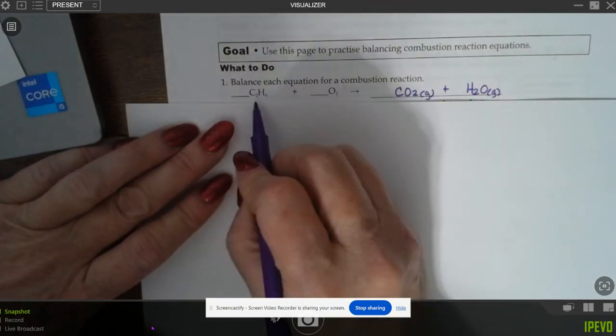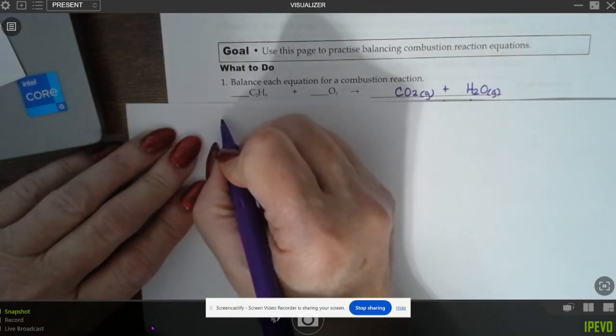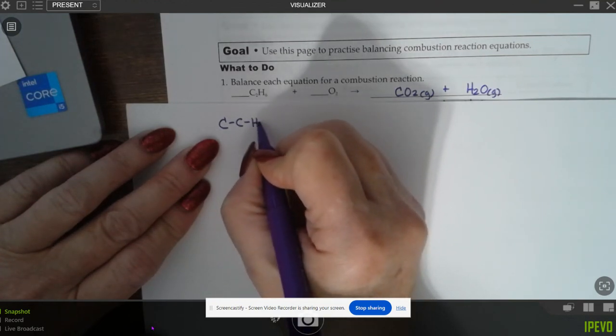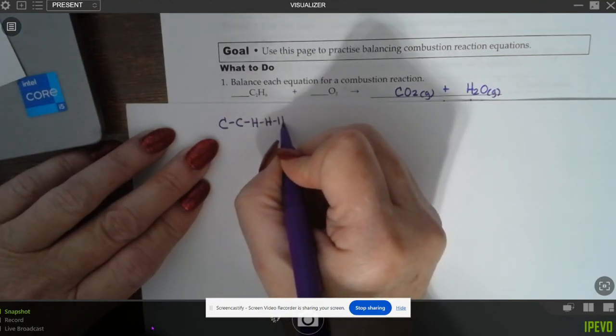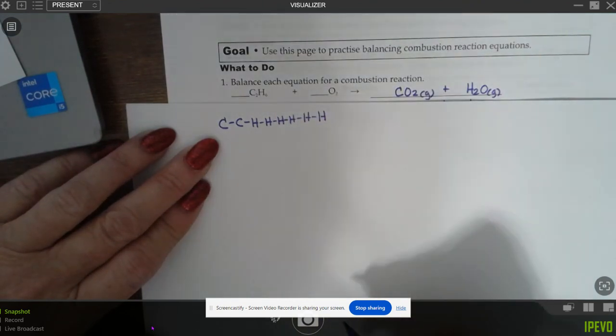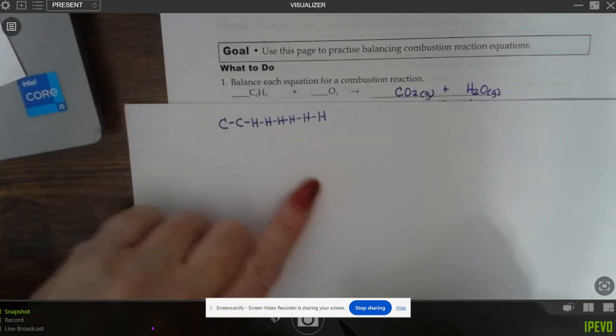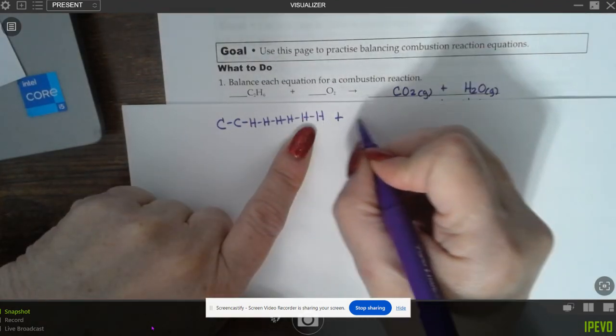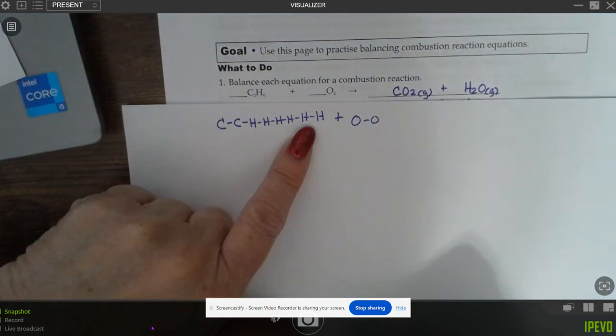Okay, so here I have C2H6, so that's going to be C2, so 2 carbon, 1, 2, 3, 4, 5, 6. See why that's going to be a pain? Okay, so that's C2H6 plus O2, okay?